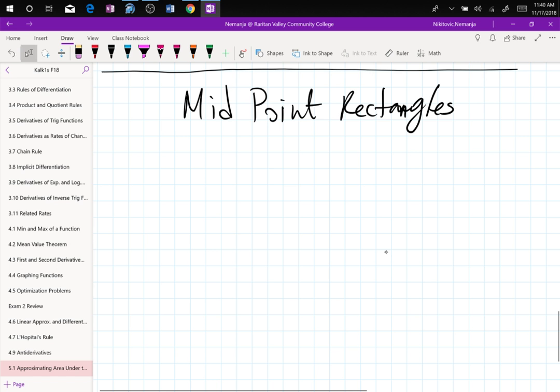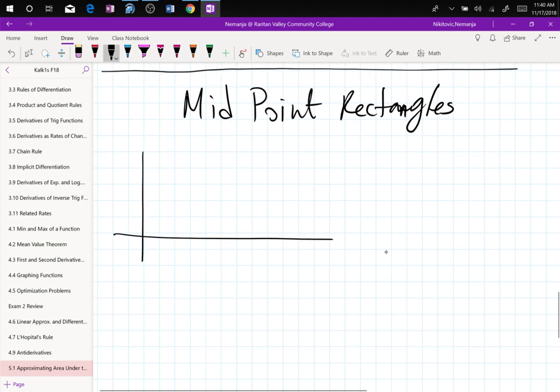Now, midpoint rectangles are really good because of what they do. If you have a partition, let's say this is some xn and xn plus 1, could be x3, x4, could be x10, x11, doesn't matter, it's somewhere.